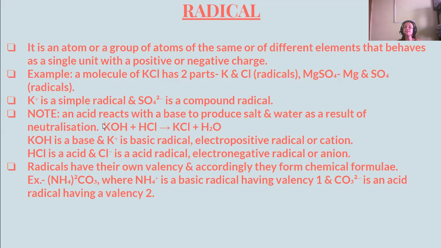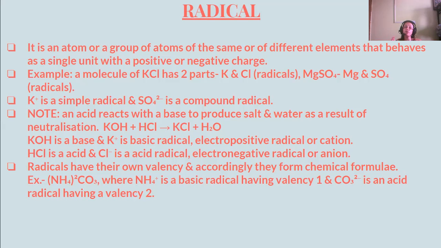Now note, an acid reacts with a base to produce salt and water as a result of neutralization. If we react potassium hydroxide, a base, with an acid, for example hydrochloric acid, then we will see a salt and water is formed. Salt here is potassium chloride, and water is formed.